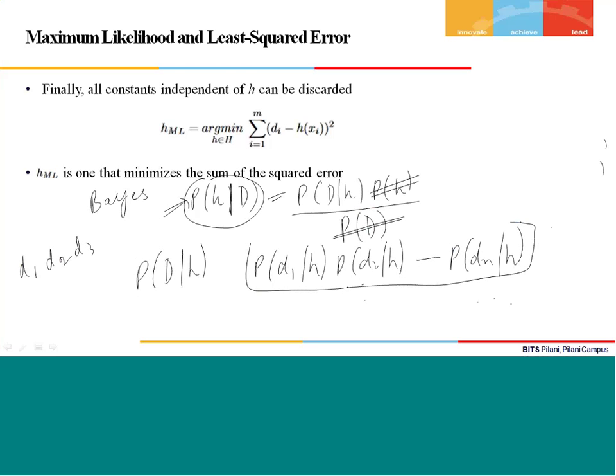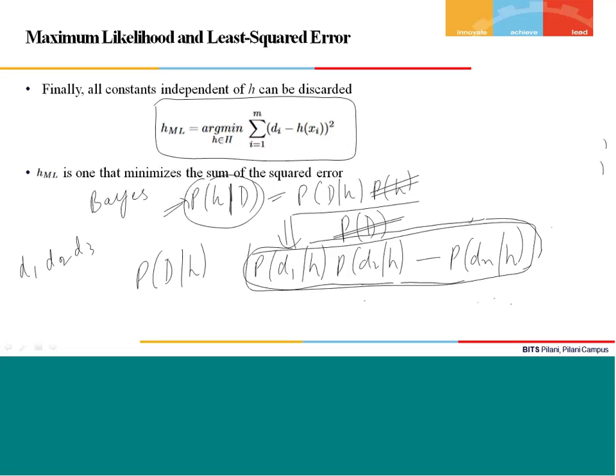So we have to maximize this expression now. After maximizing this expression, what did we get? We got this expression. So we started with Bayes theorem, and we came to this expression after simplifying and maximizing.